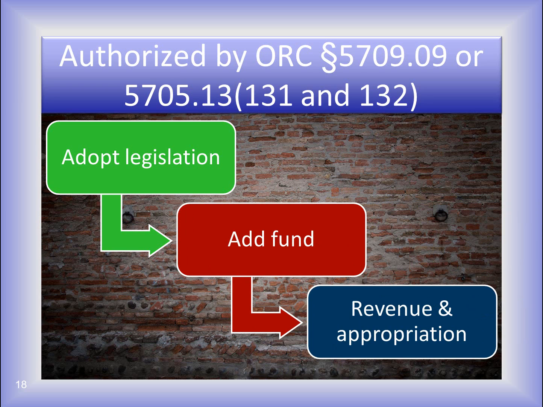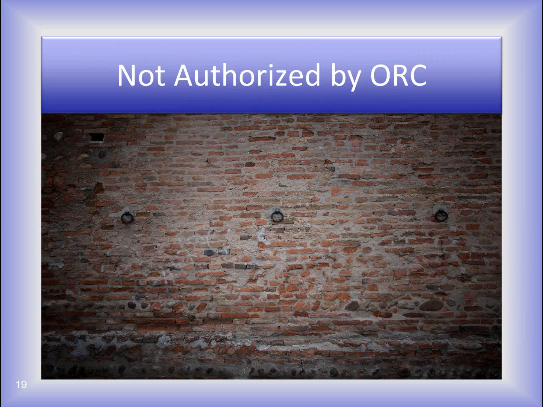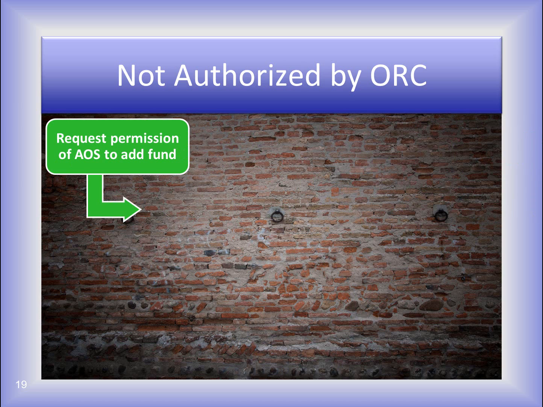But when an entity wants to establish a new fund that is not authorized by statute, like our daisy fund example, or when the purpose of the fund is not identified in Ohio Revised Code 5705.09 A through H, it's then necessary to adopt legislation requesting approval to establish the fund and send a copy to the Auditor of State's office with the Auditor of State Request for Fund Approval form through the local government services office.